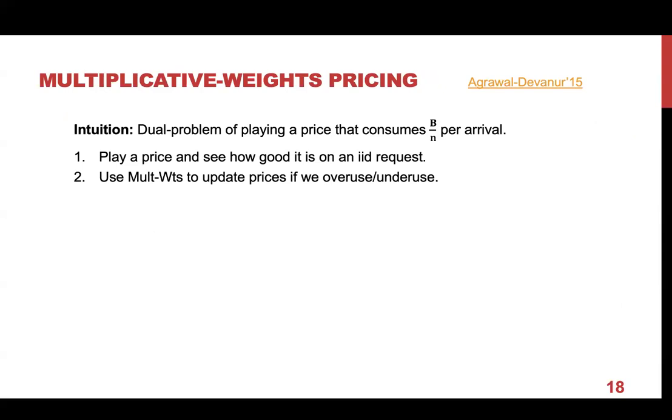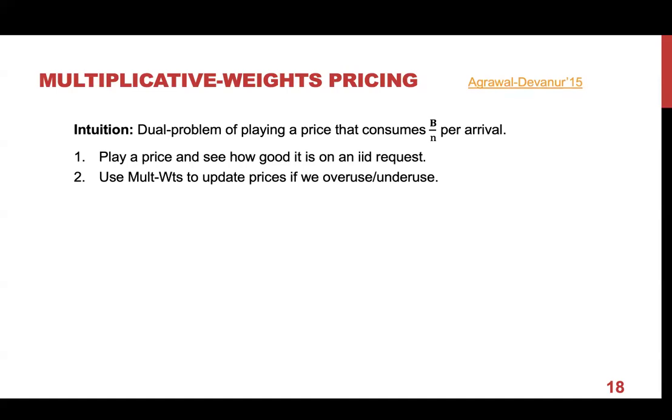This algorithm says that I want to come up with a price vector such that on average, if I play this price vector, the amount of any resource that will be consumed in a single step is going to be B over N. Remember, your total budget is B and you have n i.i.d. arrivals. In a single time step you should ideally be consuming B over N, because on average all time steps are identical.